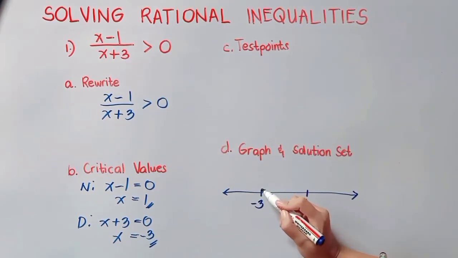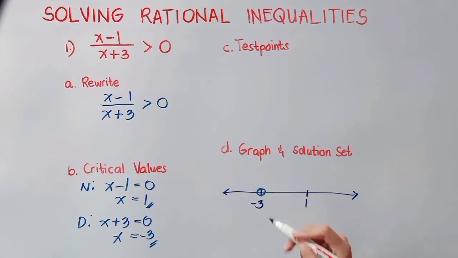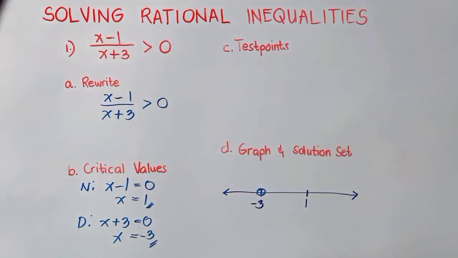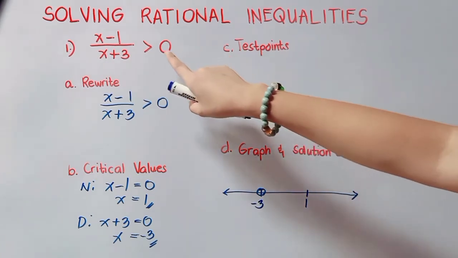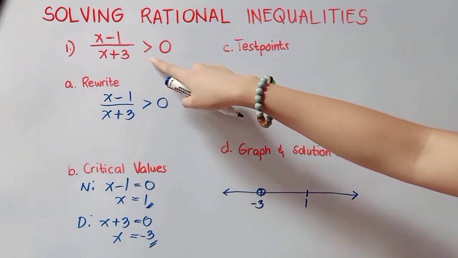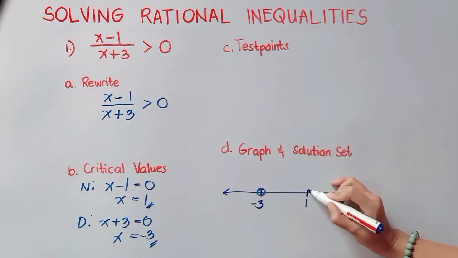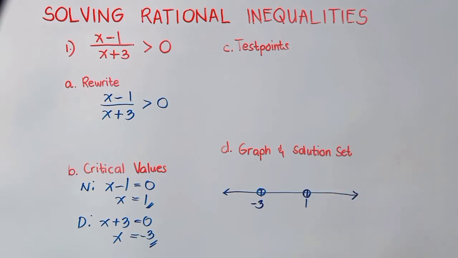Therefore, negative 3 is not part of the solution, hence we will be using a hollow point. Next value is 1. 1 will make our numerator 0, and 0 divided by any number will result to 0. Therefore, 1 is also not a solution because it is stated here, the answer should be greater than 0. Hence, we will still use a hollow point.